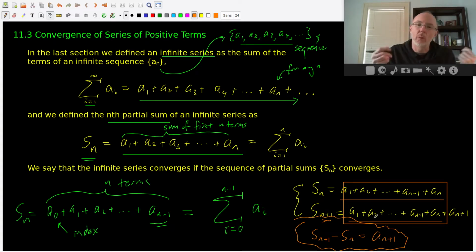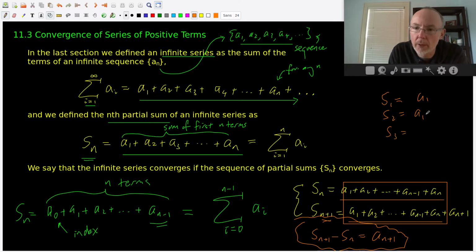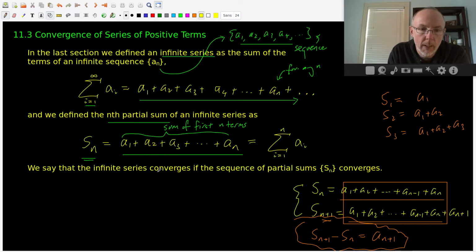One way of thinking about this is the partial sums themselves are a sequence, right? We talked about this last time, but the partial sums themselves are a sequence because each time we add another term, this is going to get bigger if the thing we're adding is positive. And so our last idea in the previous section was that this infinite series will converge if the partial sums converge.